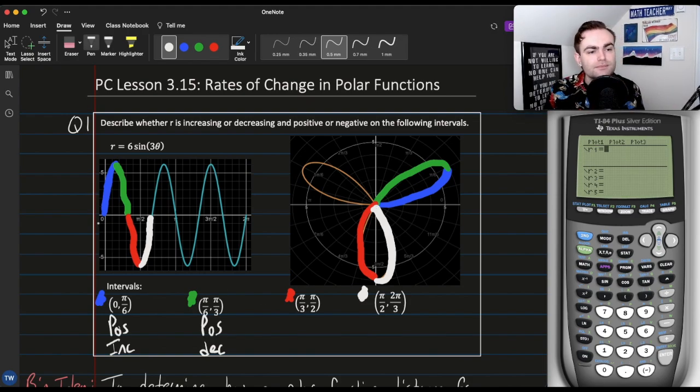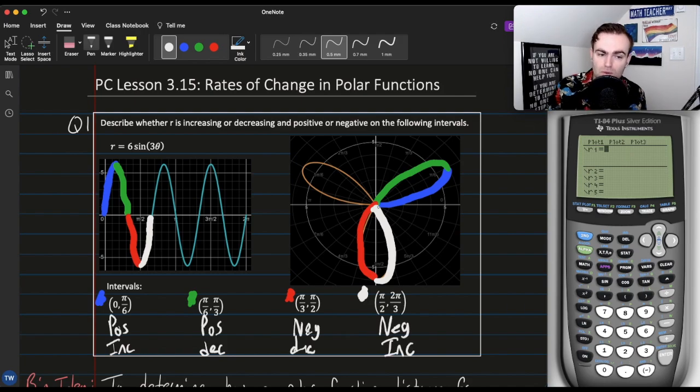The red is negative and decreasing, and we can see that the red is going away from the pole. And the white is negative and increasing, and we can see it's going towards the pole.